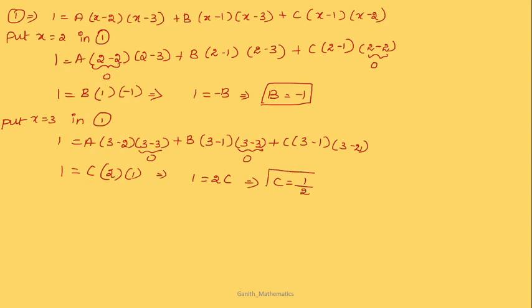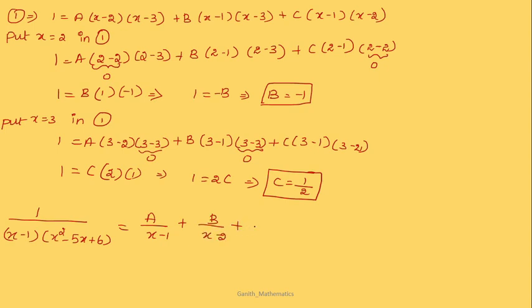We already have a is equal to 1 by 2 with us. So now we are going to substitute all these terms in the first equation. That means 1 divided by x minus 1 into x square minus 5x plus 6 is equal to a divided by x minus 1 plus b divided by x minus 2 plus c divided by x minus 3. Now we substitute all these values.